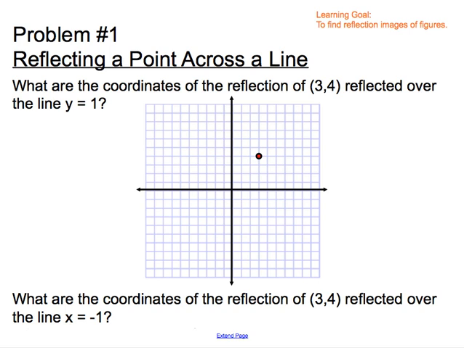So our first question asks us to reflect a point across the line. It says, what are the coordinates of the reflection of (3, 4) reflected over the line y equals 1? So the first thing that I want to do here is actually draw y equals 1.